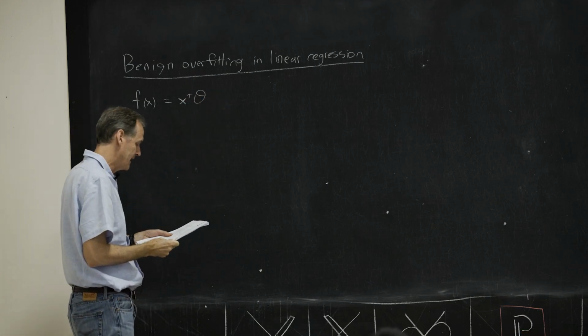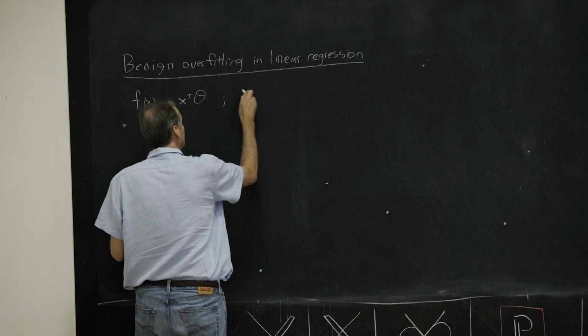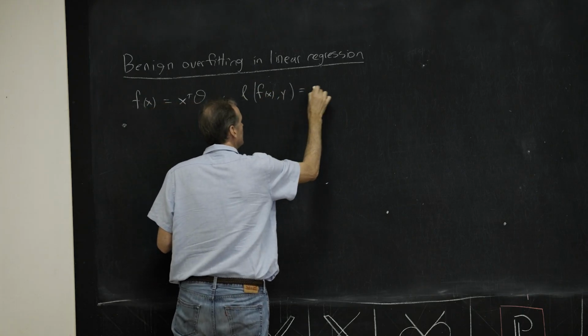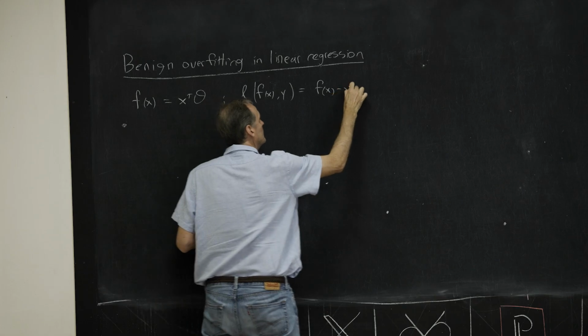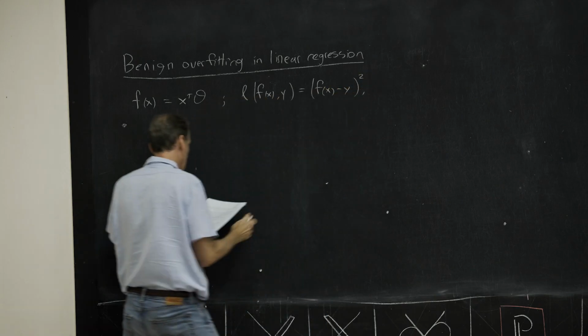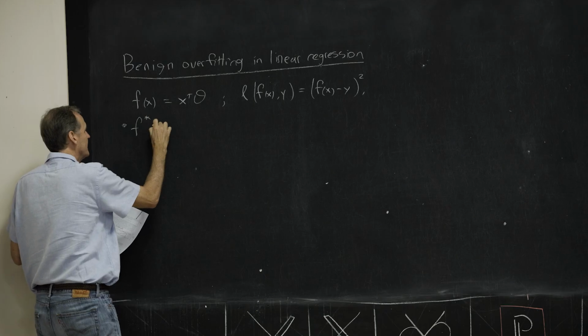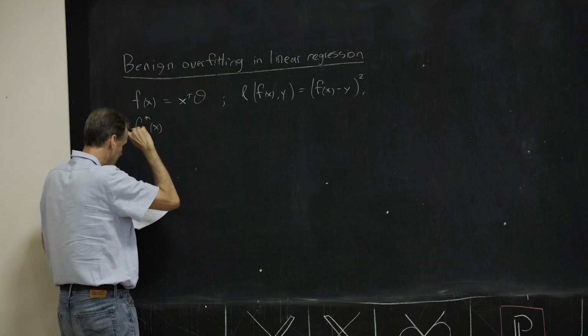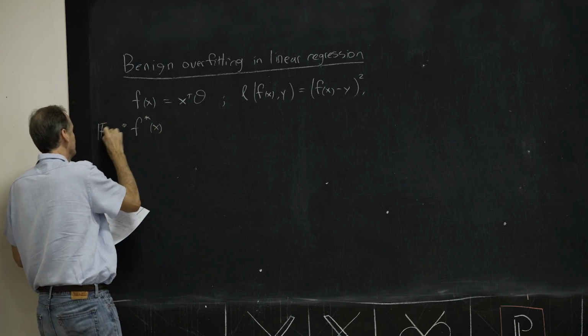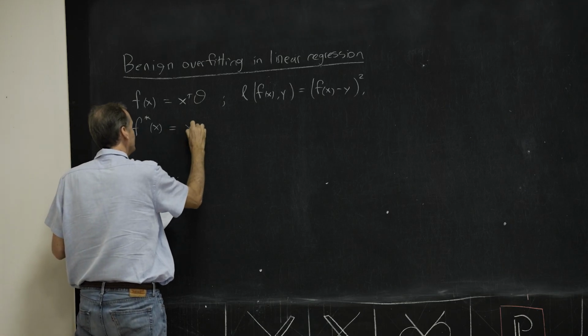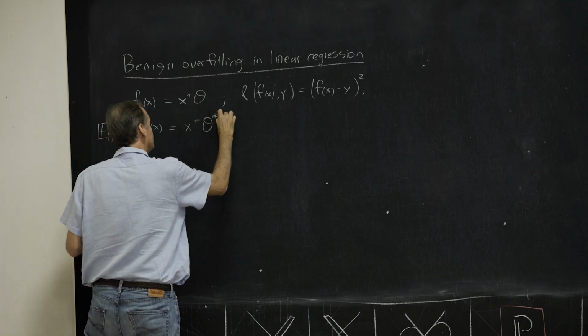So we have linear functions, quadratic loss. We're making the assumption that the conditional expectation, so the expectation of y given x, which we write as f star of x, is x transpose theta star.